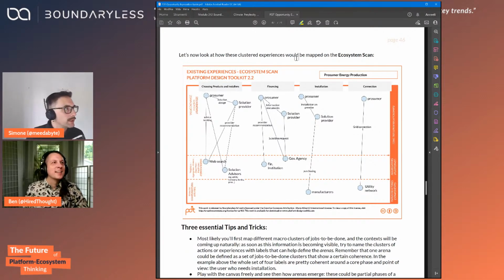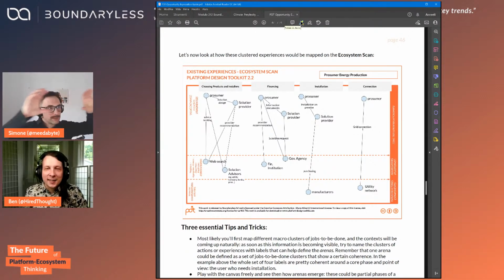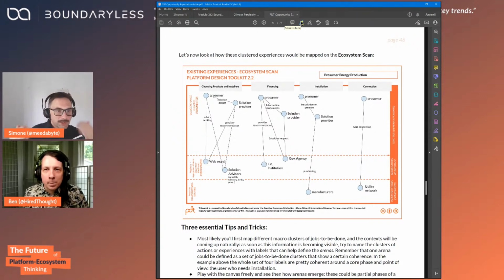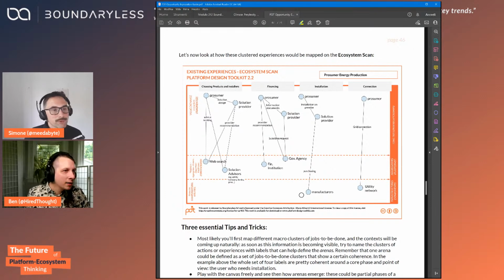We call the top the fragmented long tail, where you map the users interacting. Then you map mediators in the middle: aggregators, mediators, brokers, and so on. And then you map consumable resources and commodities at the bottom.